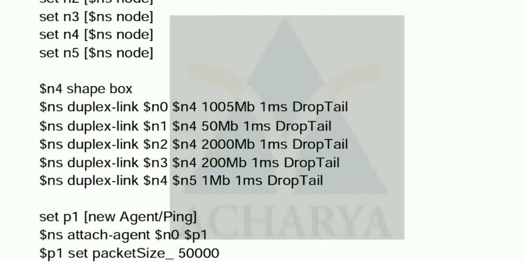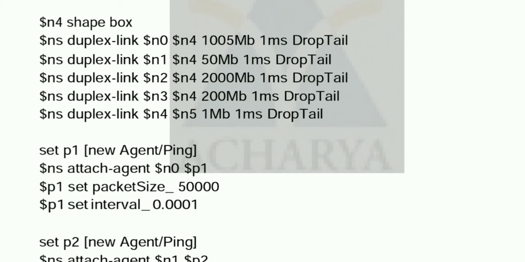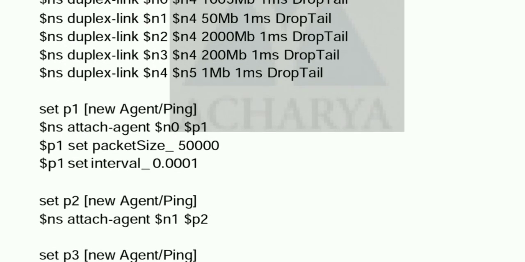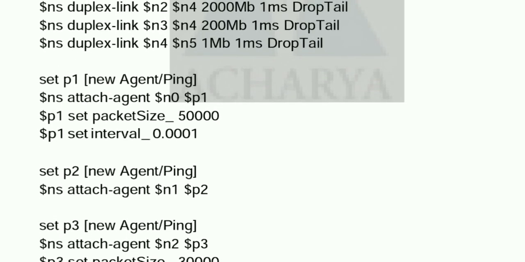The next thing that we do is, now we have created the nodes, we have established the link between the nodes. Now we have to create a ping agent. We are representing the ping agents by P1, P2, P3 and so on. To create a ping agent, we specify the packet size and the interval and to which node it is referring.